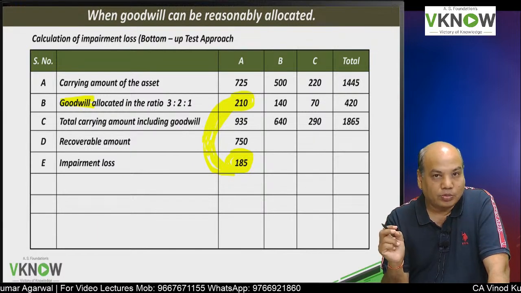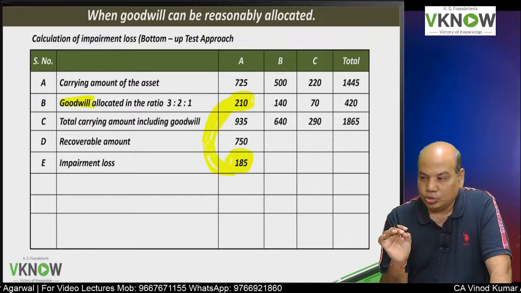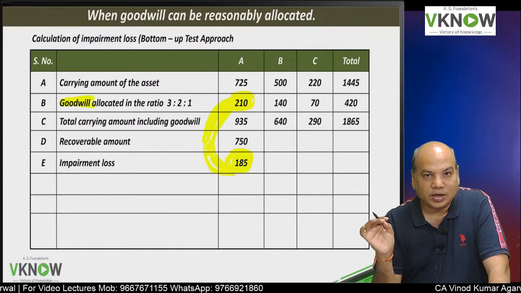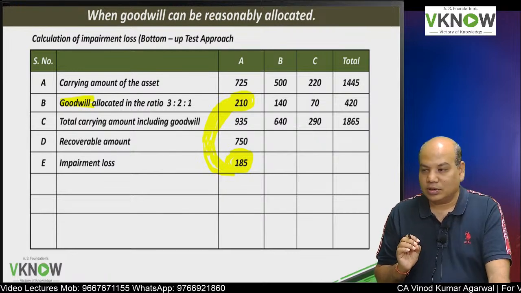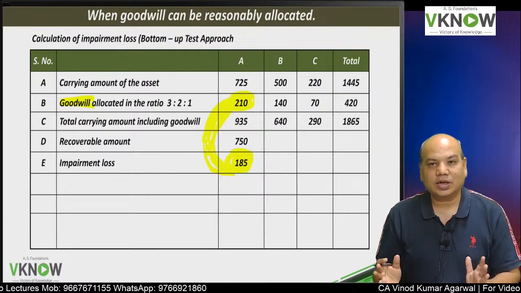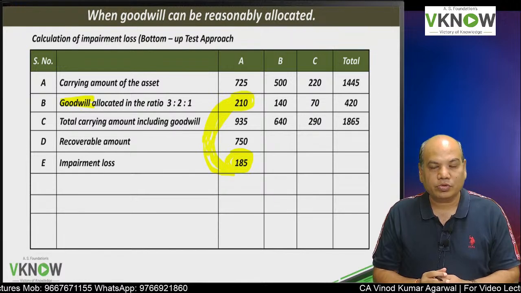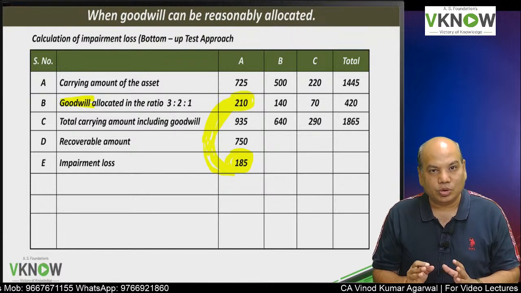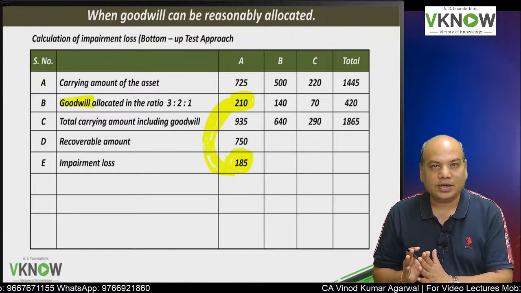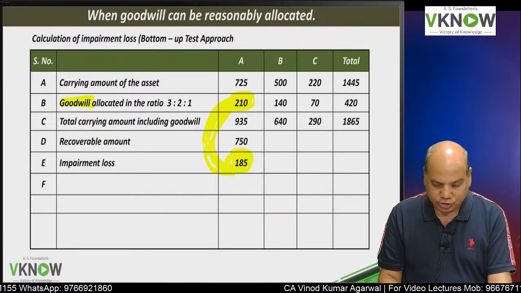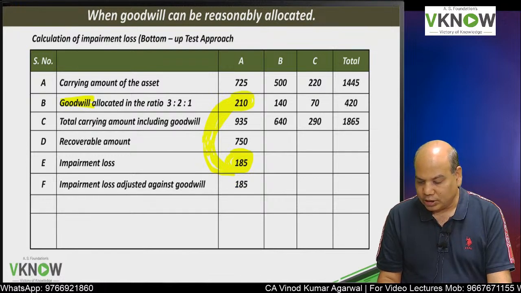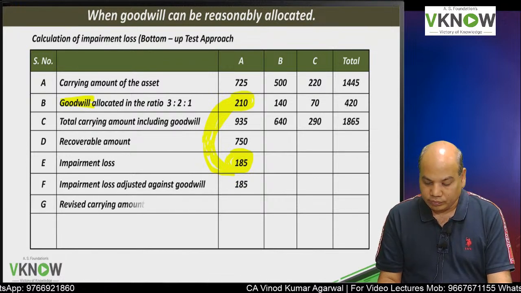Sir, why do we allocate to goodwill first? Goodwill represents the excess earning capacity. If the unit is impaired, that means the excess earning capacity has been lost. So the first casualty will be goodwill. The first item to be written off will be goodwill, and then the other assets of the CGU. So I will allocate the impairment loss to goodwill.